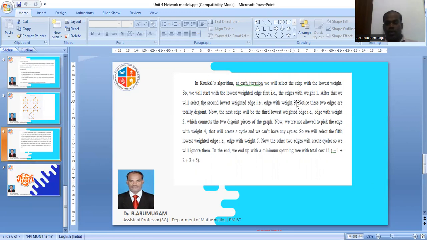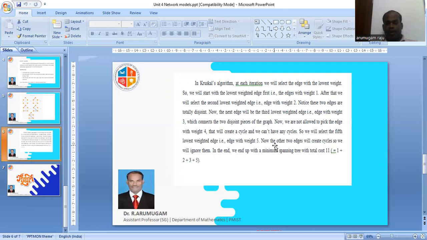That is the edge with weight 1. After that, we will select the second lowest weight, that is the edge with weight 2. In a similar way, we find the minimum spanning tree. So in general, from Kruskal's algorithm, we can find the minimum spanning tree.